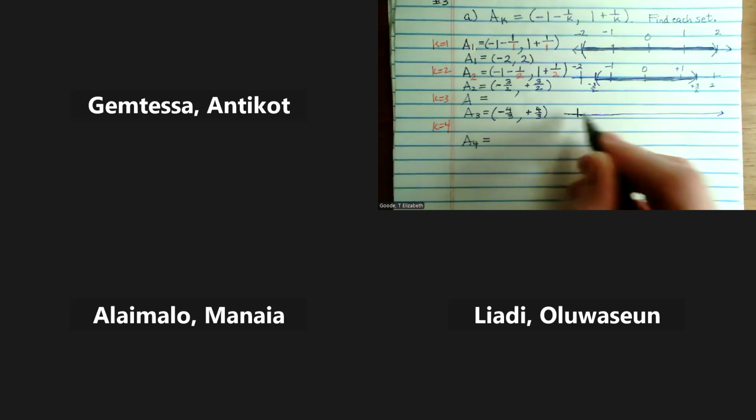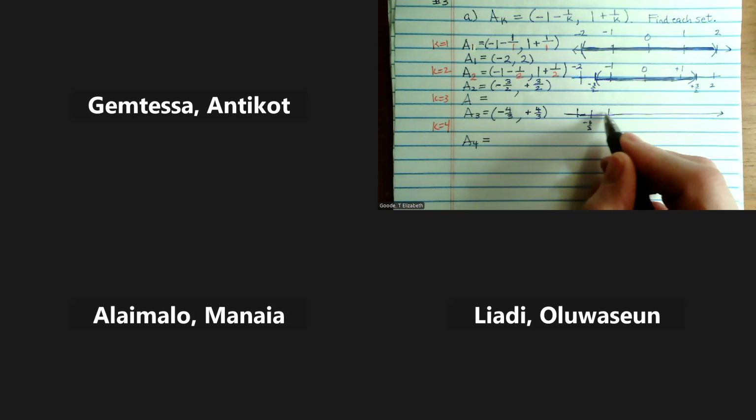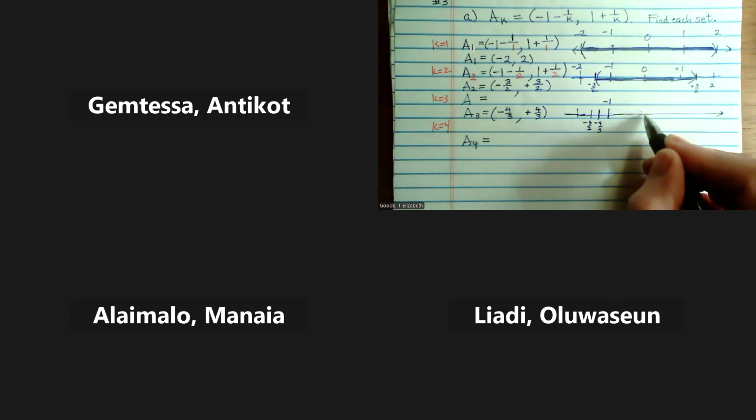So when we draw that, it's even smaller, right? Here's -3/2. But -4/3 is -3/3 minus a third more, so it's like right here. It's between -3/2 and -1. You see that?